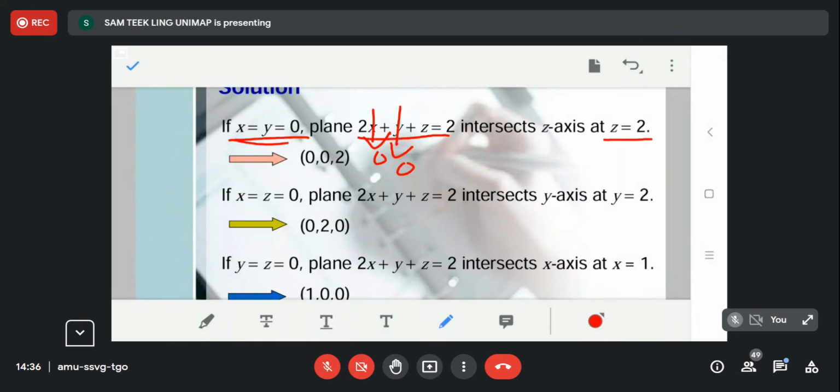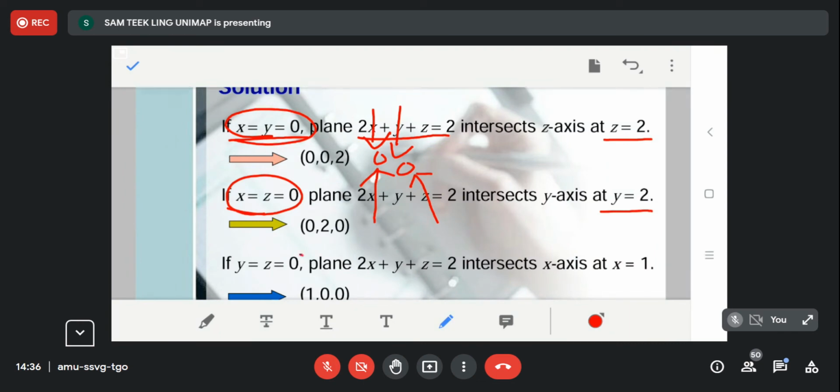So the question said x, y equal 0, so you replace x, y equals 0, and my z equals 2. Next, x, z equals 0, so x equals 0, my z equals 0, so my y equals 2. We find the points first.